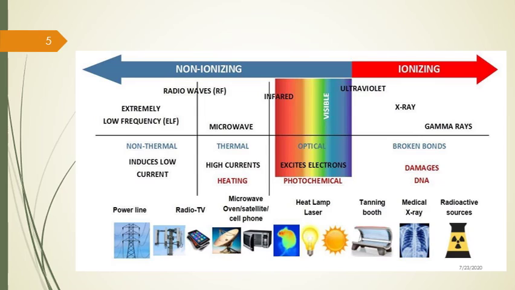Here is the partition between them, and it is clearly seen that ultraviolet, X-rays, and gamma rays are included in the ionizing radiation, and the radio waves, like low frequency and extremely low frequency rays, and the microwaves are included in the non-ionizing radiations. It also includes infrared and visible light.